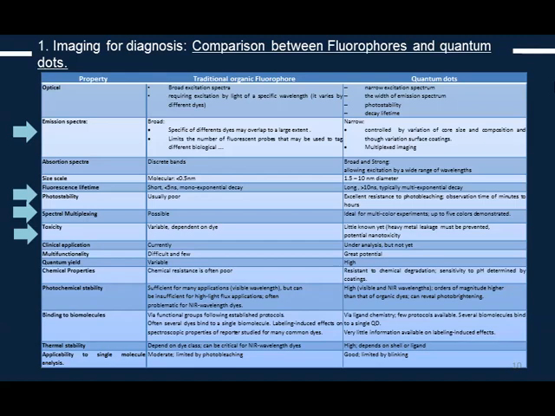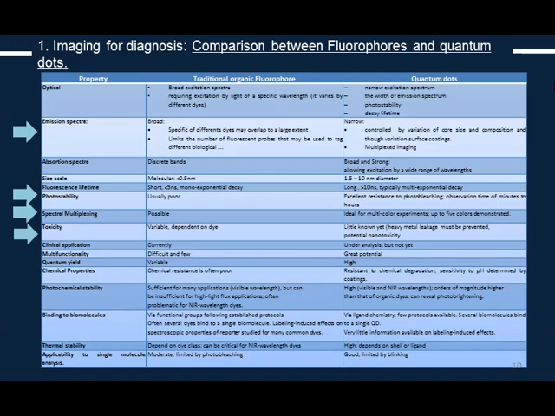You could change it by changing the size of the particle. Also, we have the photostability, as we saw in figure number 9 before. We saw that quantum dots are better in photostability. Also, spectral multiplexing is ideal in quantum dots; it's possible in traditional organic dyes, but it's ideal in quantum dots.